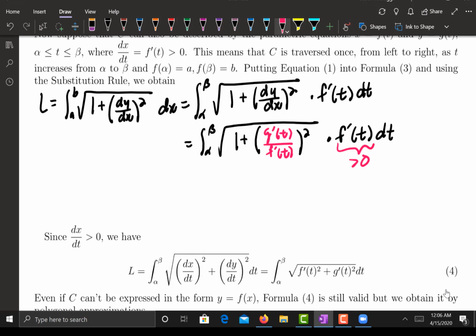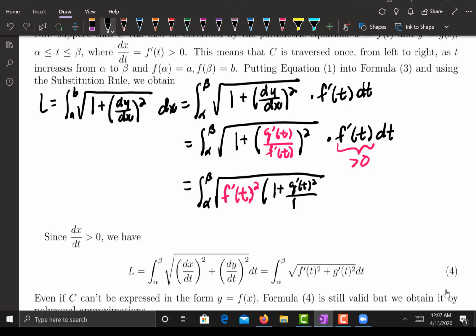And because I'm going to assume that is positive, what I can do now is move that derivative inside the square root, giving me the integral from alpha to beta of the square root of f prime of t squared multiplied by 1 plus a ratio, all being squared, so that's g prime of t squared over f prime of t squared, dt.